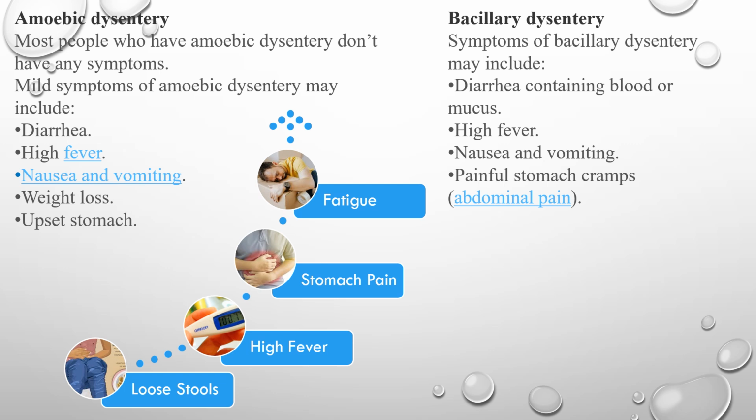The severity may include weight loss due to malabsorption, liver abscesses in amoebic dysentery, and intestinal perforation if untreated. Then you can also see a painful stomach, abdominal pains, and fatigue, some of the most commonly observed symptoms in amoebic or bacillary dysentery.